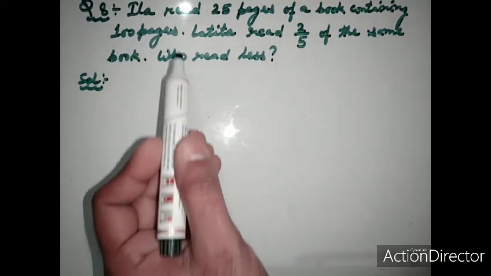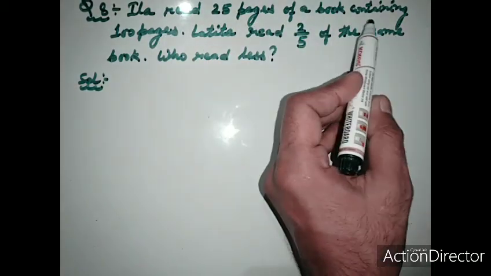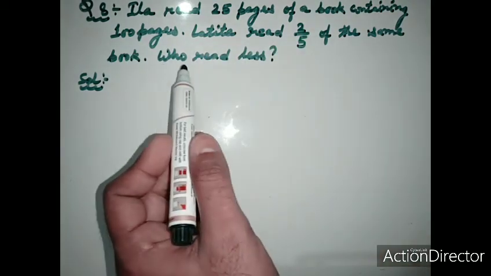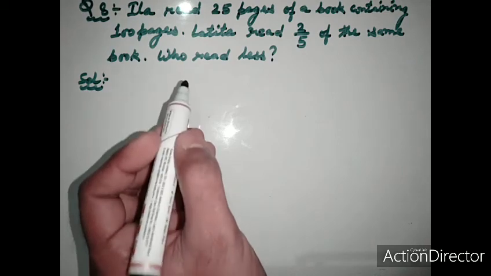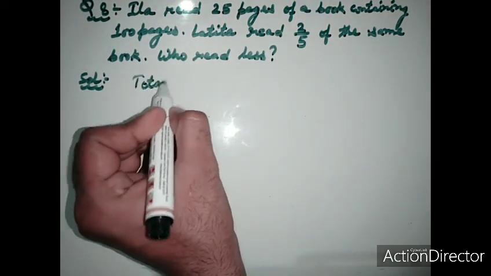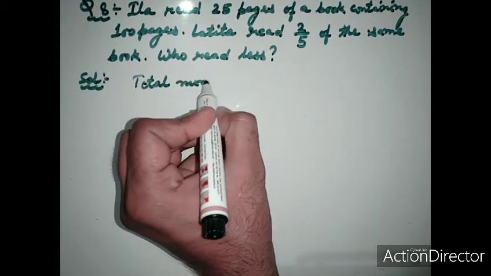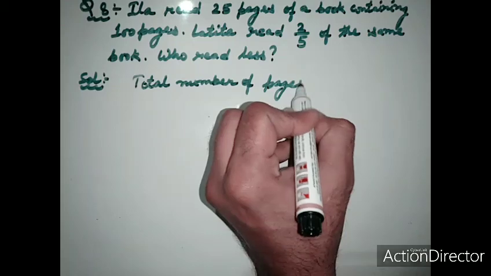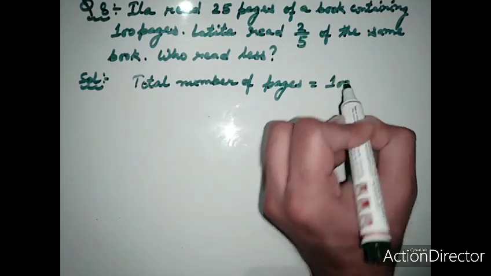Now question number 8. Ila read 25 pages of a book containing 100 pages and Lalita read 2 upon 5 of the same book. Who read less? First we write the given values. Total number of pages is equal to 100.